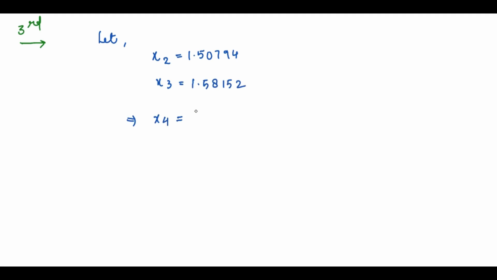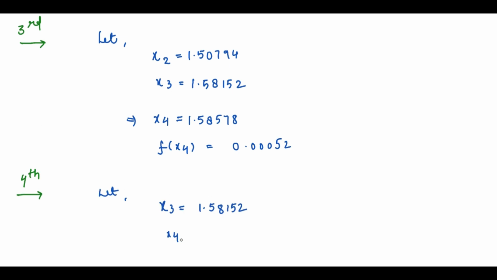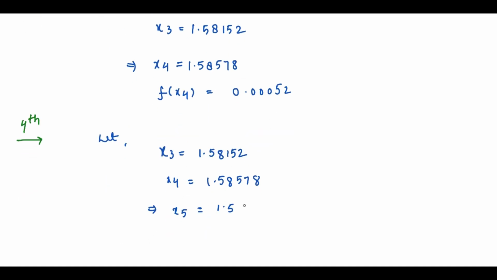With the third iteration, we get the x4 value as 1.58578 by using x2 and x3 as 1.50794 and 1.58152. The function value comes out to be 0.00052. And lastly, with the fourth iteration, we get this x5 value as 1.58565, and the function value comes out to be minus 0.00001.